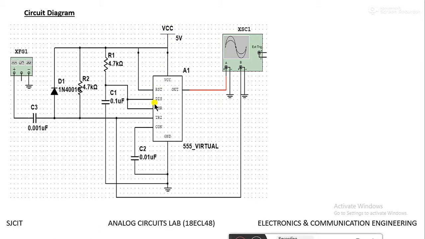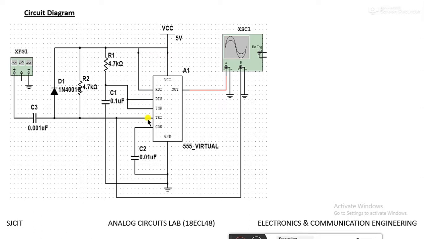Discharge and threshold pins are shorted and connected between resistor and capacitor. The capacitor of 0.01 microfarad is connected to ground, and a 4.7k resistor is connected across 5 volts VCC.